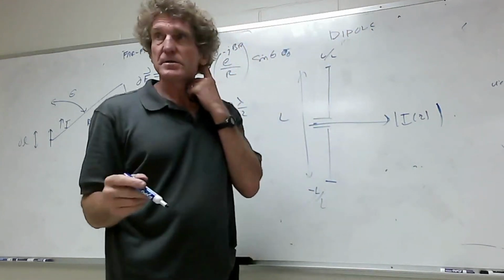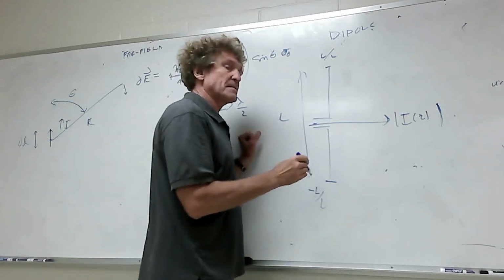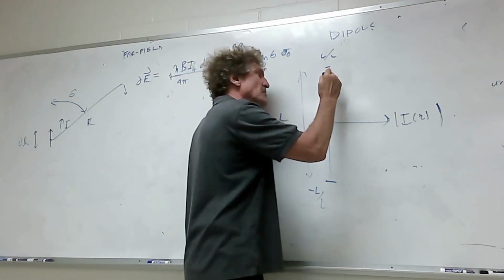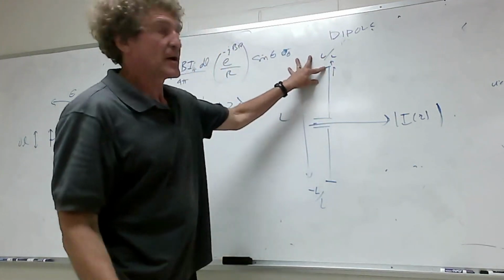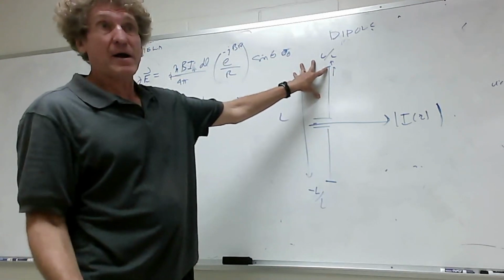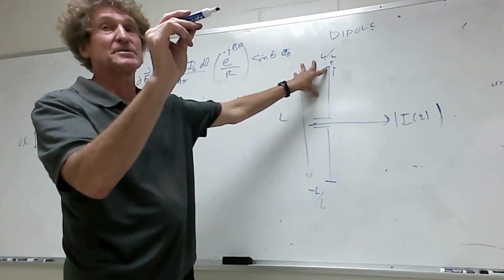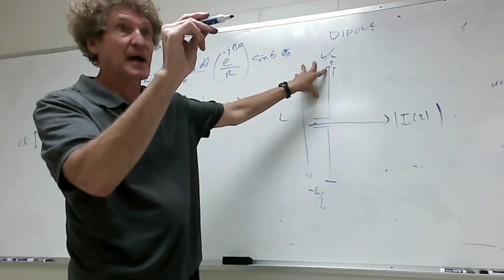If you look at this current distribution, this is realistic. Anytime you have current, if you think about that, how much current is going to be flowing off that wire right at that point? None. So if you have a wire, it's like a pipe that's capped. How much current flows out, or water flows out of a pipe that's capped? None.